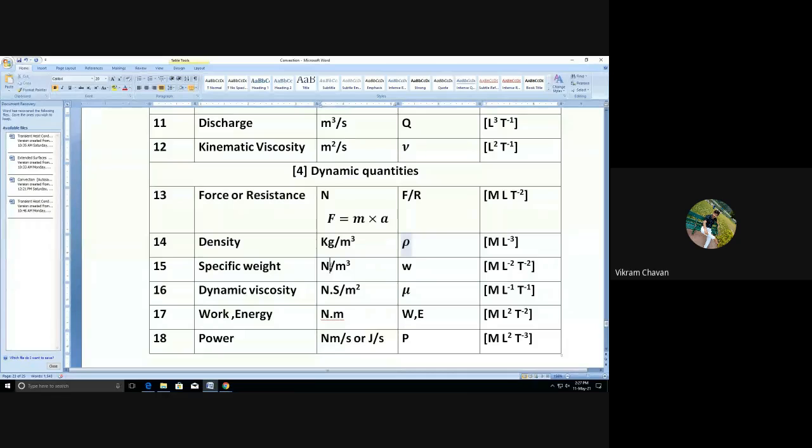If you do not remember them, just remember the formula of a force, then you will get the dimensions of a Newton, and the dimensions of a meter cube is nothing but L raised to 3. Divide by L raised to 3, you will get the dimensions of specific weight as M L raised to minus 2 T raised to minus 2.